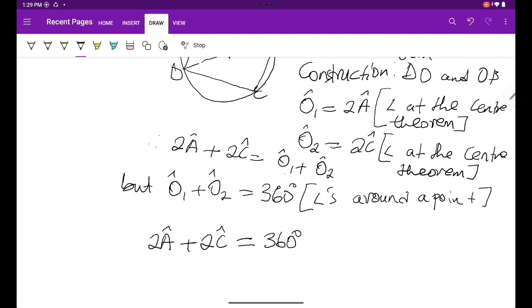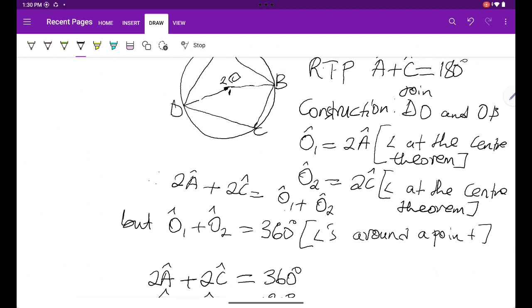And then when we divide throughout by 2, we will have angle A plus angle C, which is 360 divided by 2, which is 180 degrees. Right, so this concludes the proof of our theorem.